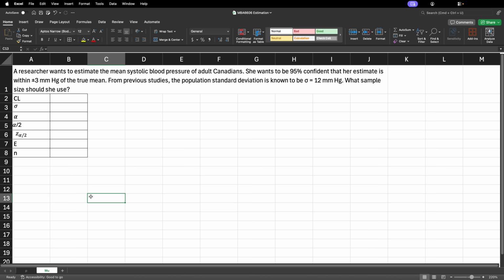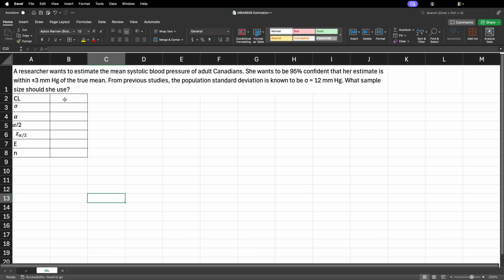She wants to be 95% confident that her estimate is within plus or minus 3 mm of mercury of the true mean. From previous studies, it is known that the population standard deviation is 12 mm. So what sample size should she use to ensure that within this interval she will capture the true population parameter?